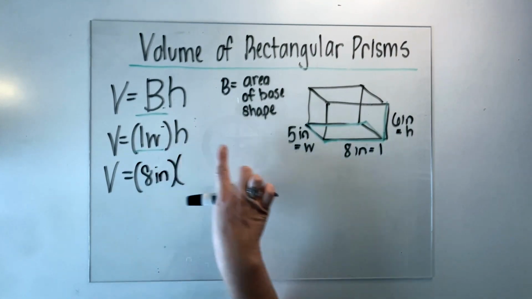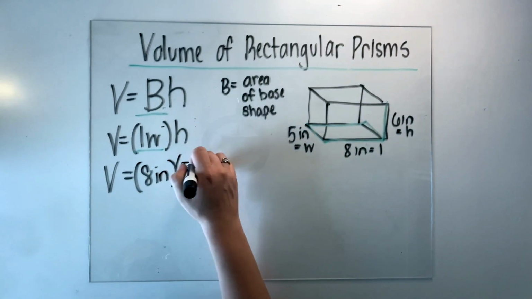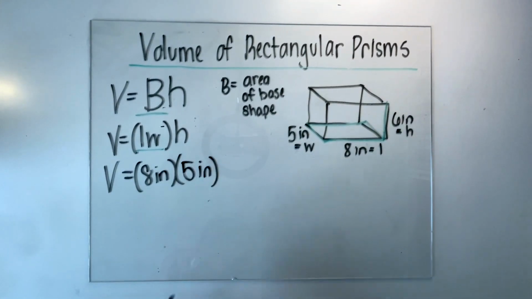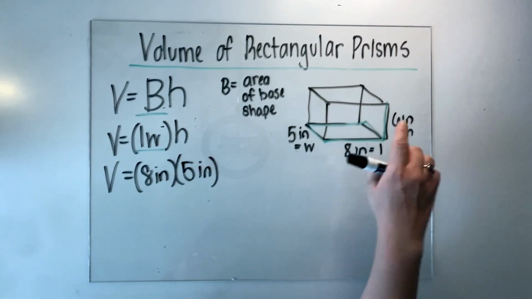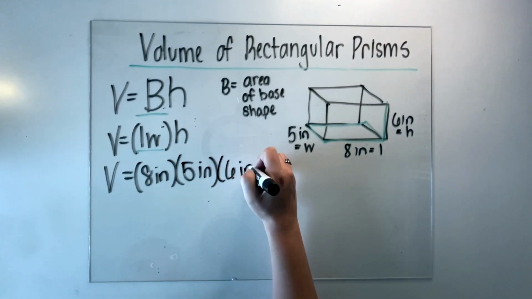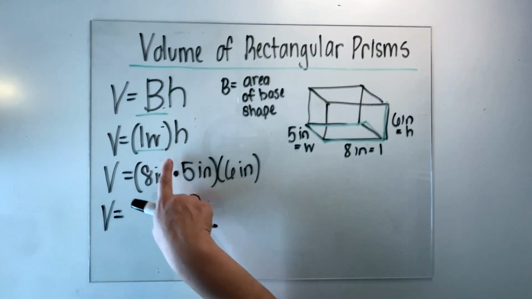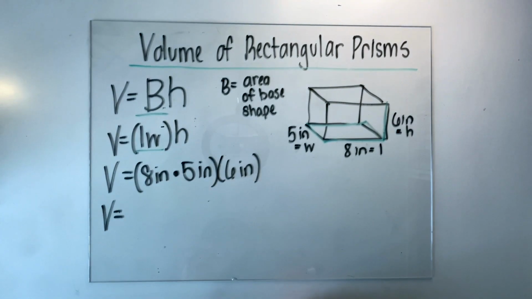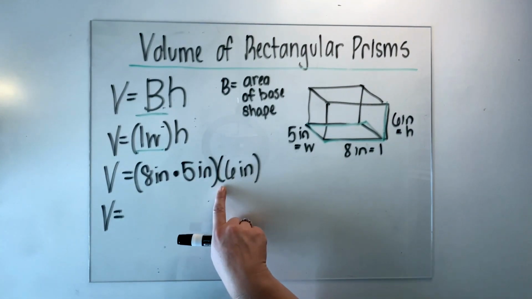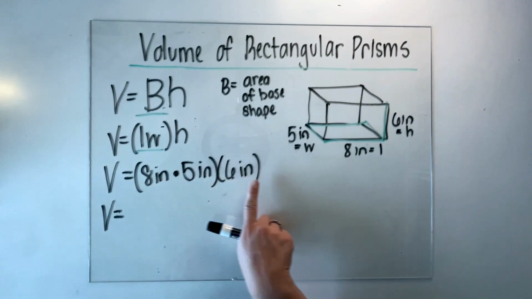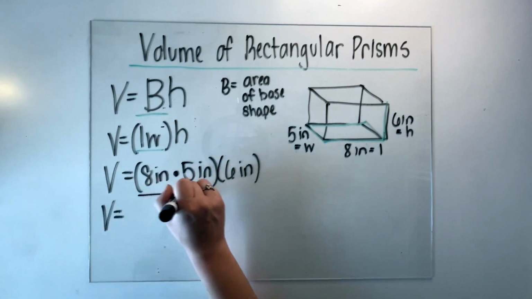The width is 5 inches. And the height is 6 inches. Technically, they want us to multiply the length and the width together first, but because we are multiplying, we can multiply in any order. I'm just going to go straight across for this one though.